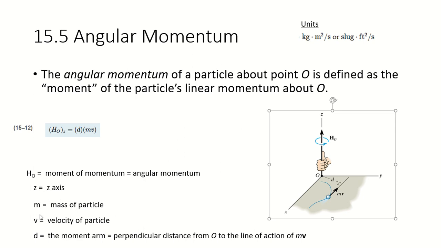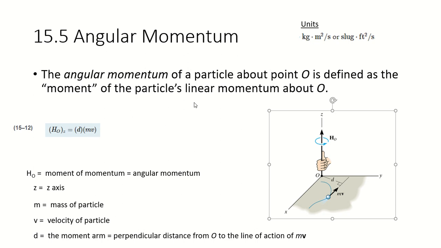Your z is your z-axis, m is your mass, you know that, v is the velocity of the particle, you know that too, and d is the only new thing. So the informal definition is your moment arm, which is this. The moment arm is your perpendicular distance from point O to the line of action of your particle's momentum. Units: you're dealing with the mass, the kilogram.